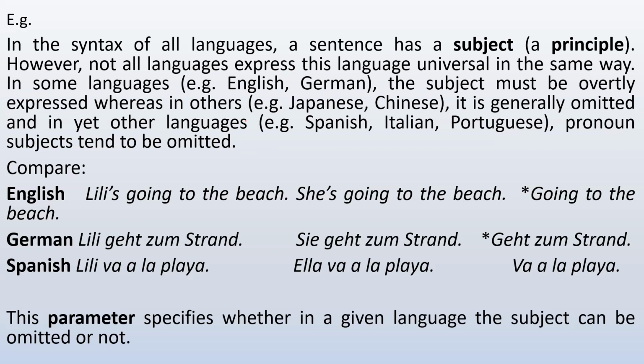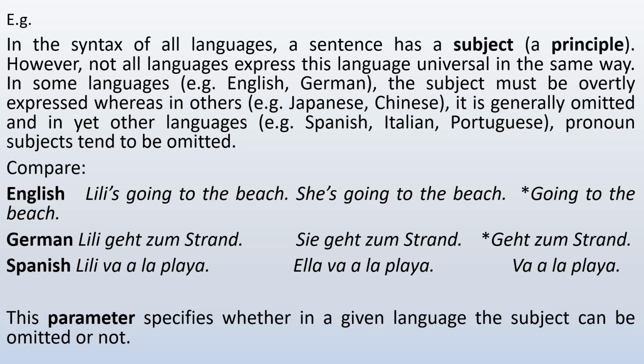And there's another way of different use, in languages like Spanish, Italian, and Portuguese. What is happening? Pronoun subjects tend to be omitted, not the other subjects. When they use a pronoun as a subject, they tend to omit it.